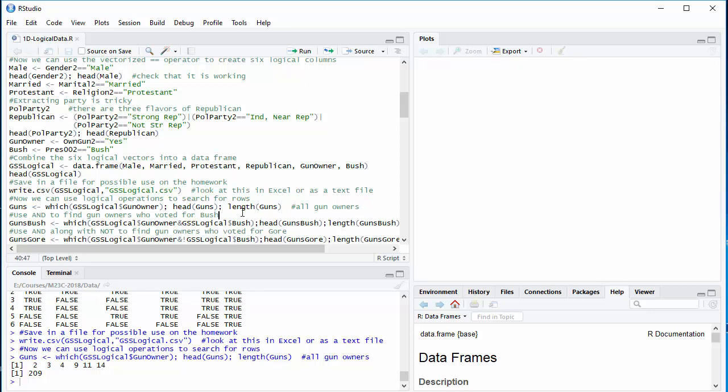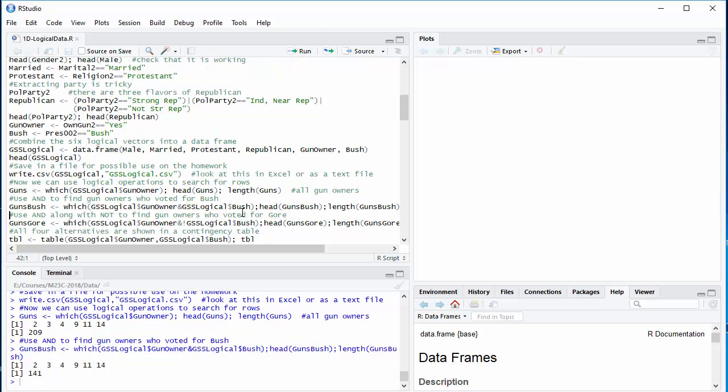Now we can start doing some sociological research. By using the logical AND operator, we can extract the gun owners who voted for George Bush in 2000, and we'll store that in guns Bush.